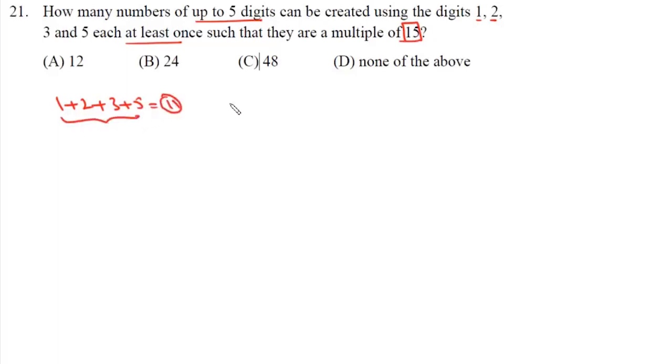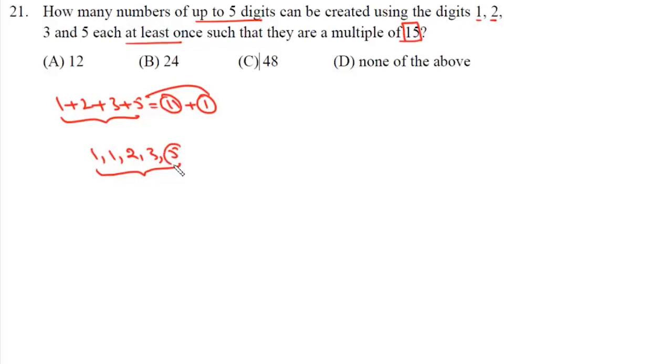Now since this sum is not divisible by 3, we cannot have a 4-digit number. So it has to be a 5-digit number. That means we have to add 1 digit to make it a multiple of 3. Now out of these 1, 2, 3 and 5, it is possible if and only if we add 1 to it. So the number must be formed with 1, 1, 2, 3 and 5. Only then will it be divisible by 3. Now it should also be divisible by 5.